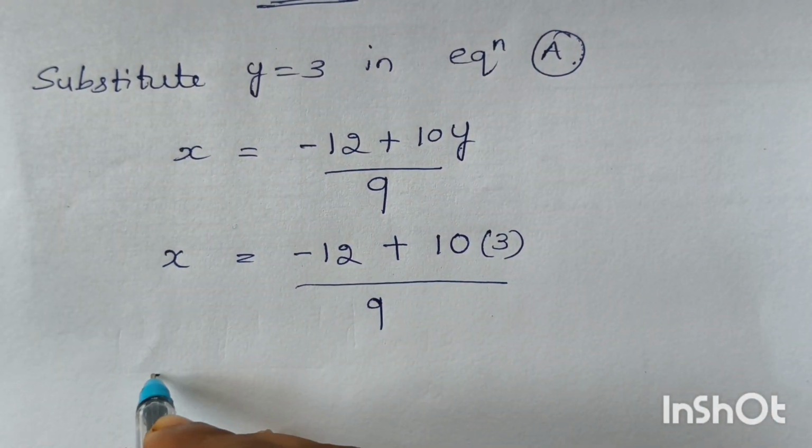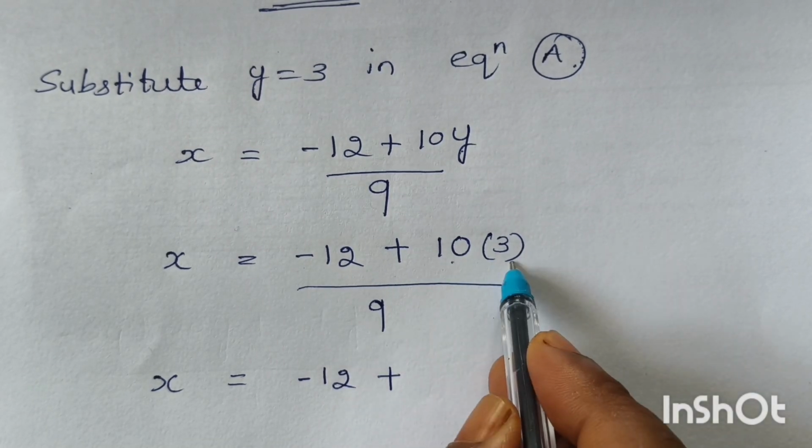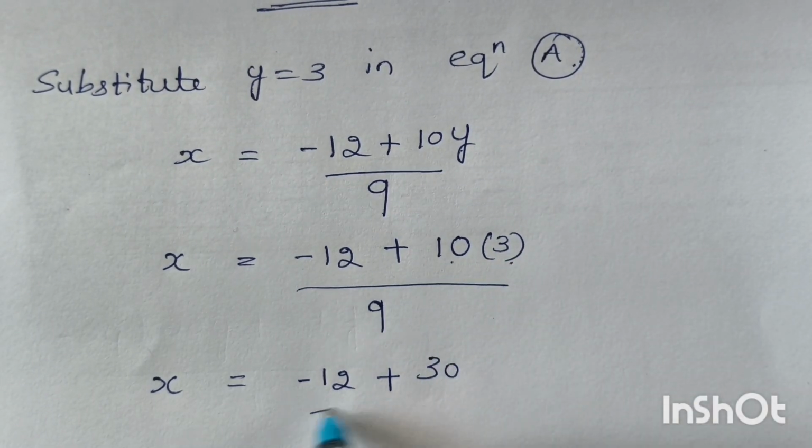That is, x is equal to minus 12 plus 10 into 3, which is 30, divided by 9.